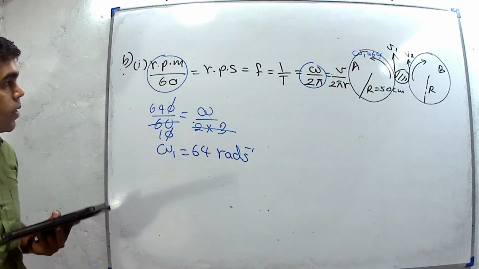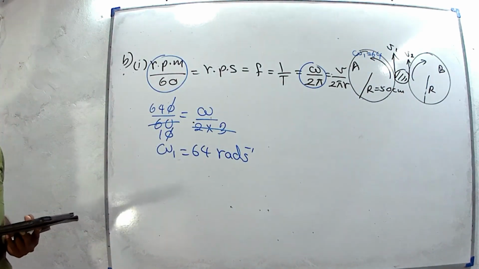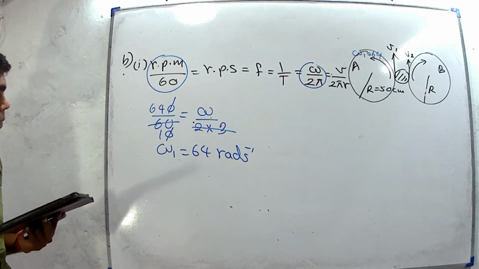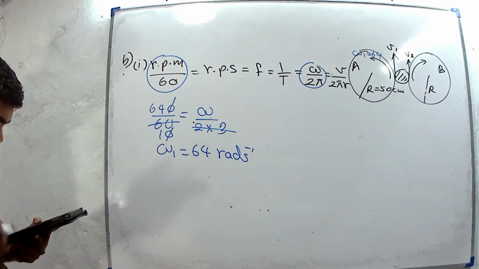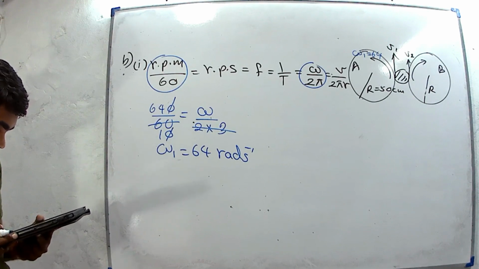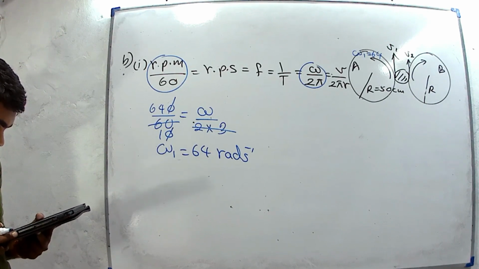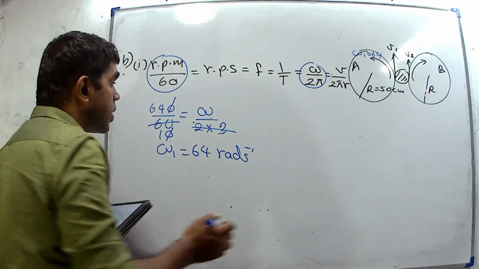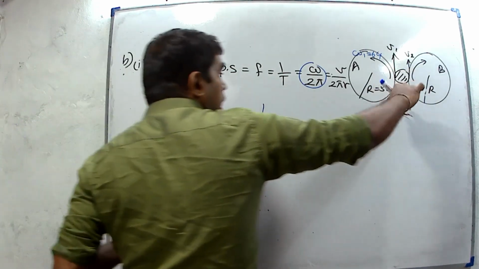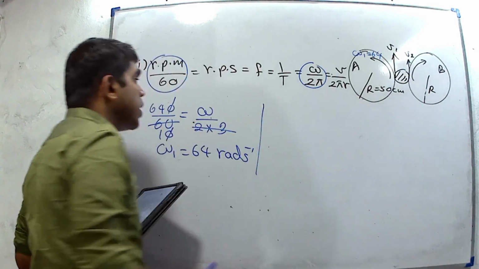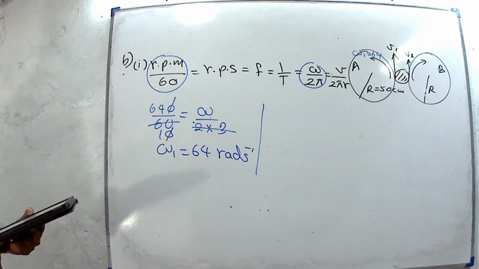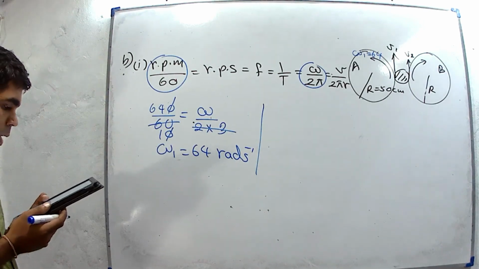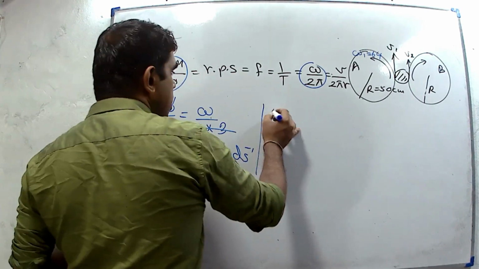I will mark answers obtained in the diagram because I will erase calculations. Then omega 2. When finding omega 2, we have to use the same method. Angular velocity is omega 2 for wheel B. RPM value of wheel B is given as 560.